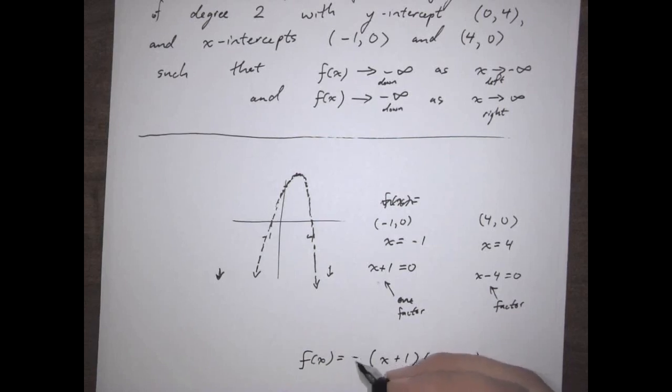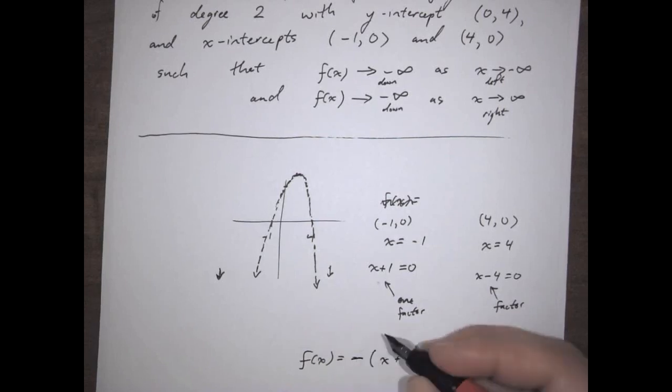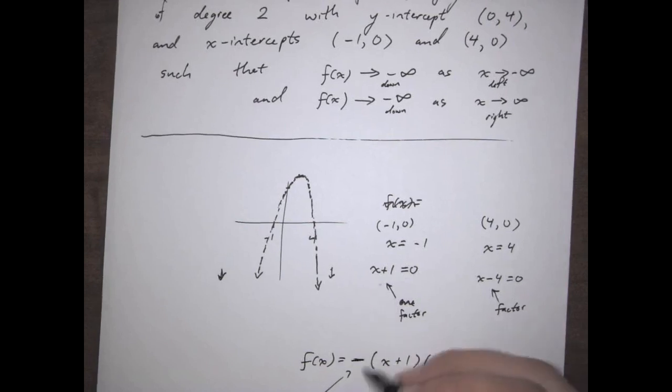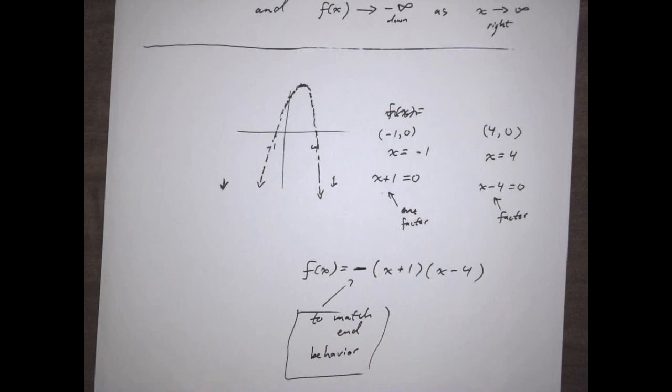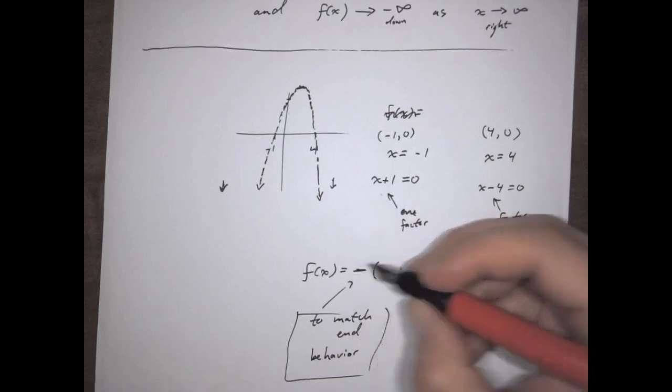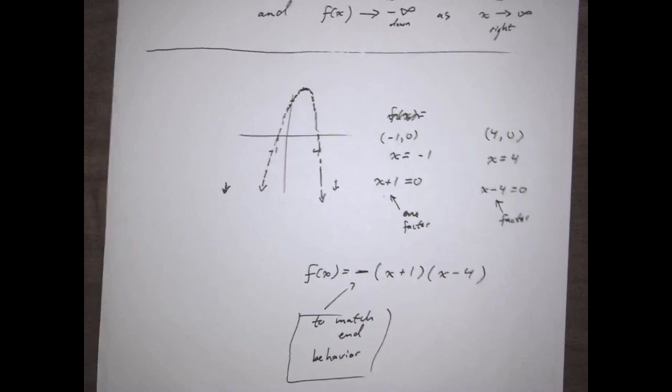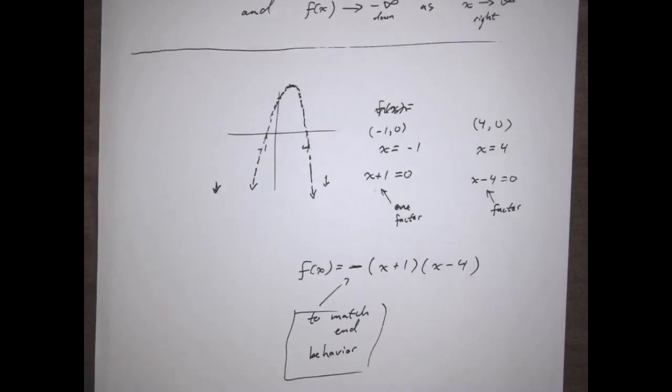So we need to put a negative in here, and this is to match the end behavior. If it weren't for that end behavior, what we had without the negative would have been good enough. But because of it, we need to make that little extra change.